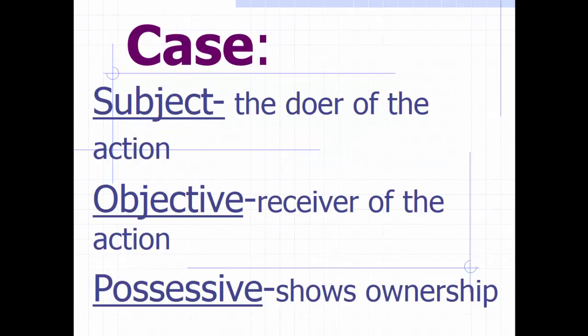And this is what we're going to focus on today: case. We classify pronouns according to case. Subject pronouns are the doers of the action in the sentence, like the subject of your sentence, right? Object pronouns are the receivers of the action. Think about how we've learned how objects work in a sentence: direct objects, indirect objects, objects of prepositions.